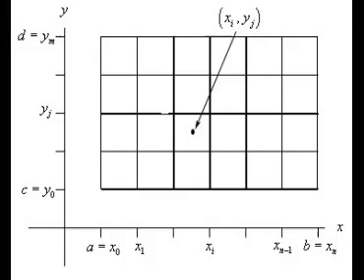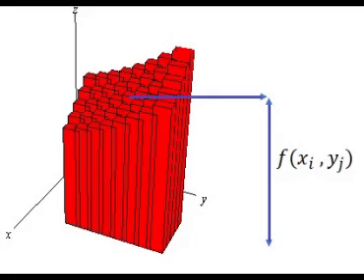Let xi, yj be a point in the ijth rectangle. Over each of these smaller rectangles, we will construct a box whose height is given by f of xi, yj.